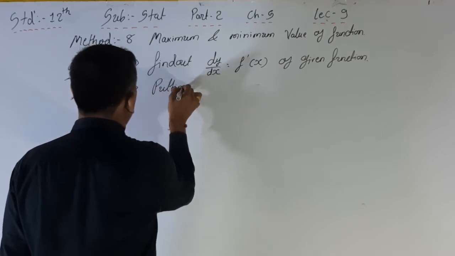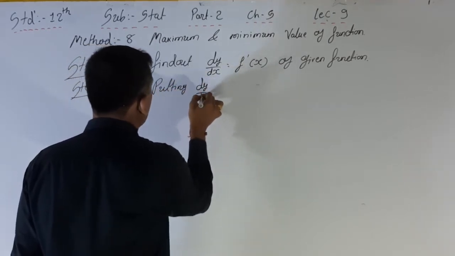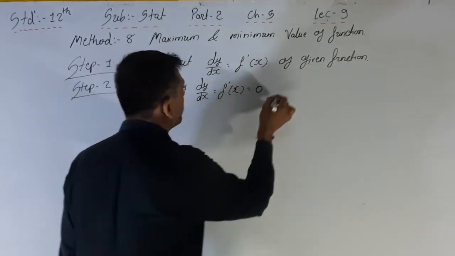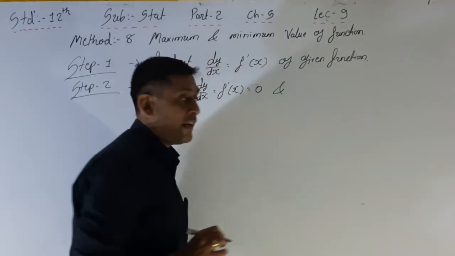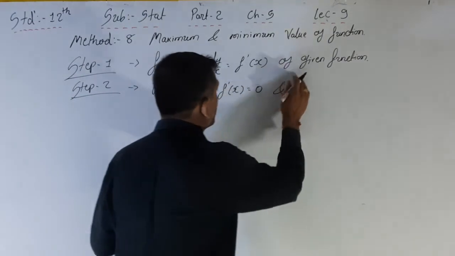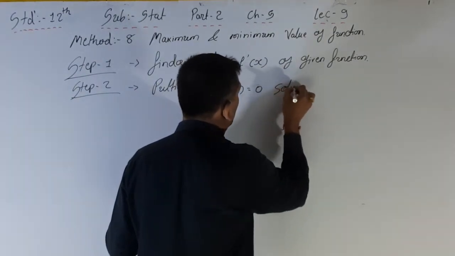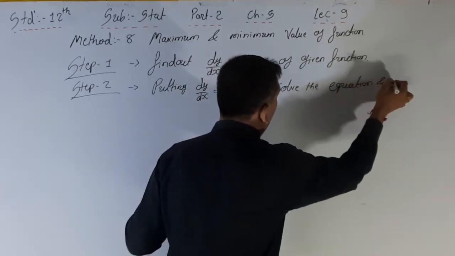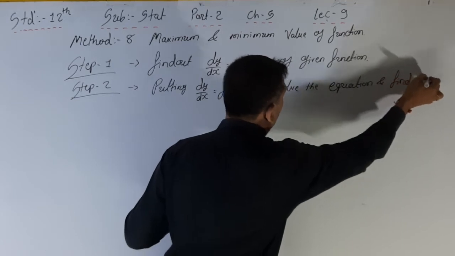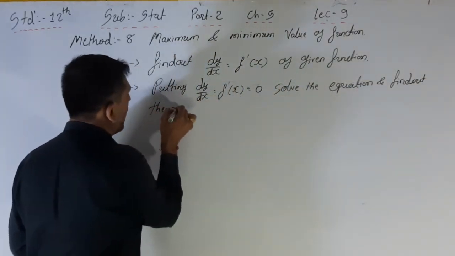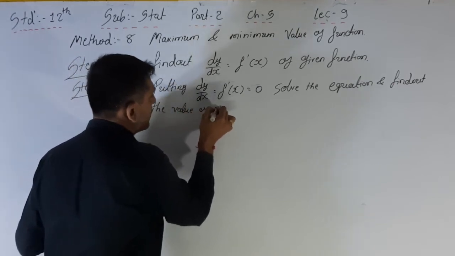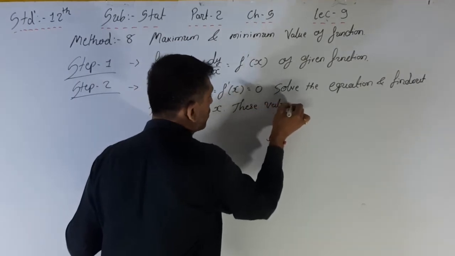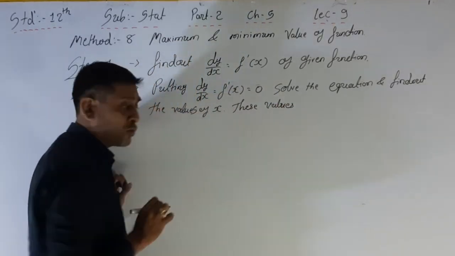putting dy by dx, or you can say f dash x, equal to 0, and solve the equation and find out the values of x.